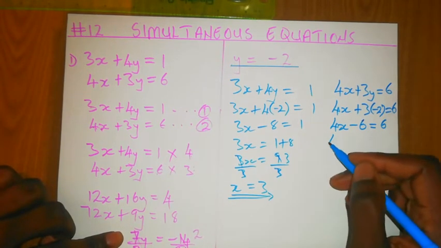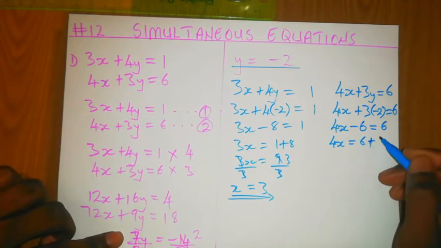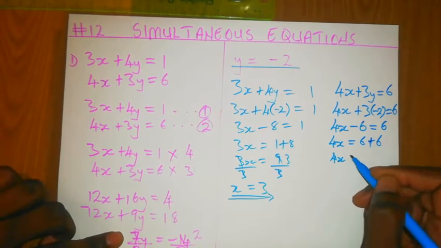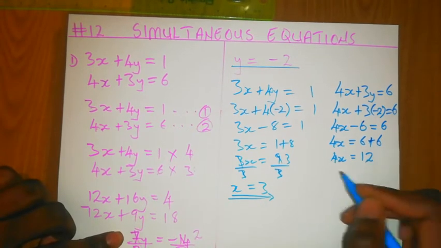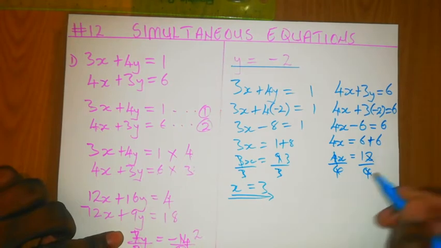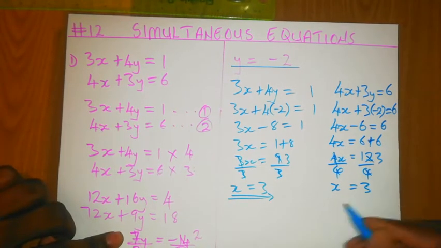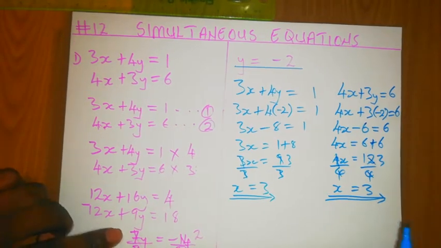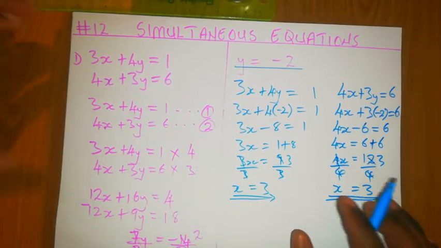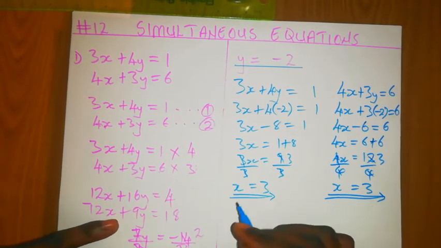Then I'll collect my like terms, is equal to 6 plus 6. Then 4x is equal to 12, divide by 4 both sides. So my x again is equal to 3. So what you have to understand is that if you are choosing, you just choose any of the equations. Now you have solved your equations. Your final answer is like this.